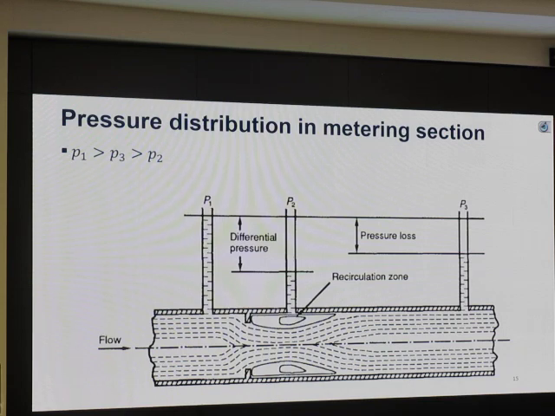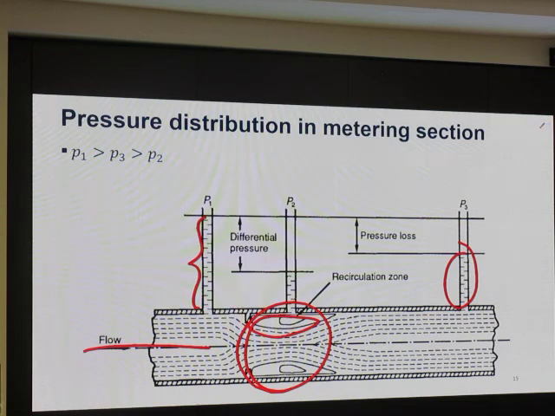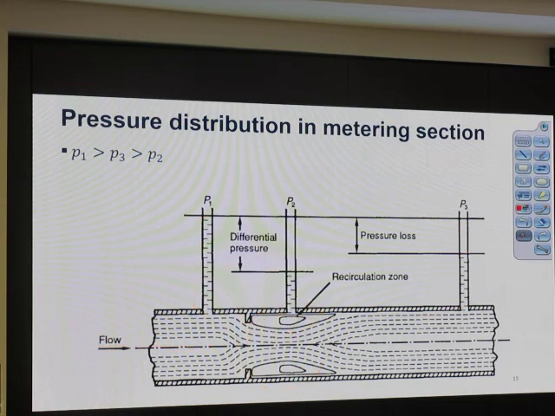Of course, upstream has the highest pressure. Downstream, far away from this, has low pressure. But in between, in this part where we have circulation, there is even lower pressure. The lowest pressure in this picture is not P3, but it is P2, where we have the Vena contracta.